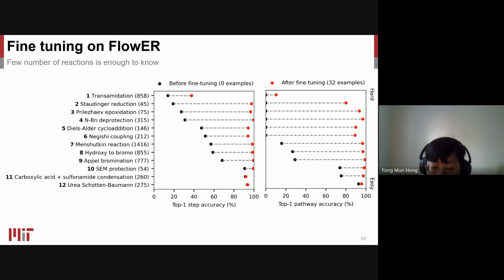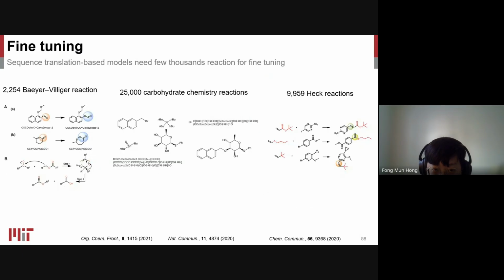In normal fine tuning, a lot of the models out there fine tune on 2,000, 25,000, or 9,000 reactions. But Flower is very data efficient: it picks up on just 32 examples of reactions and is able to start generalizing to a lot of these unseen reaction classes.